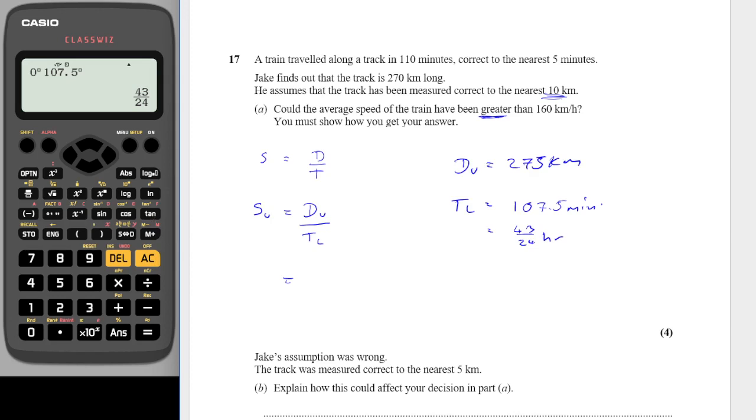So the upper bound for the speed, or speed u, is going to be equal to 275 divided by the answer that I just read out, which is going to give me 153.488 kilometers per hour.